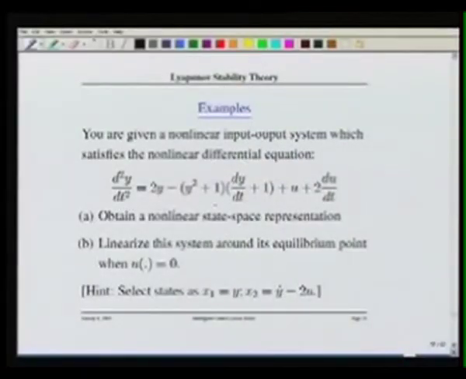Please note the system dynamics here. Obtain a nonlinear state space representation of this, and linearize the system around its equilibrium point. This is your question. So, let us solve it.